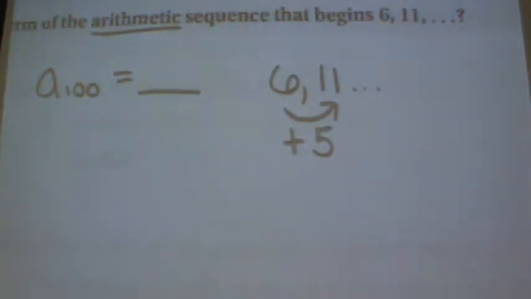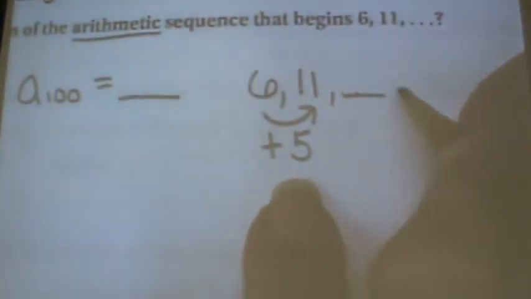That's my question. Well, in this case, if it's arithmetic, how did you go from 6 to 11? Added 5. Remember, arithmetic means you're adding or subtracting a common number. It's called the common difference. That's your d value. If I did this recursively, it would take me a long time.